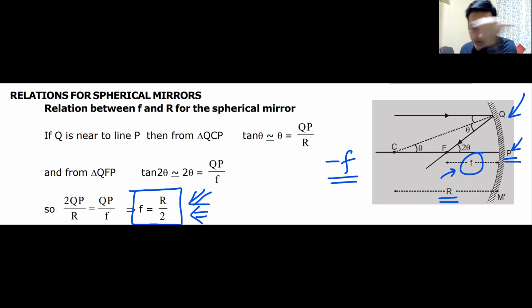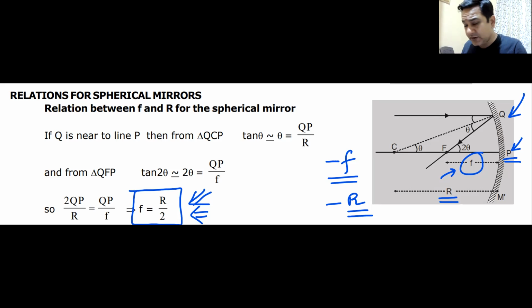It is going towards the left. The radius of curvature of a concave mirror is always negative. The focal length is negative, but for a convex mirror, the focal length is positive and the radius of curvature is taken as positive because of our sign convention. Do we understand this? Yes, sir.